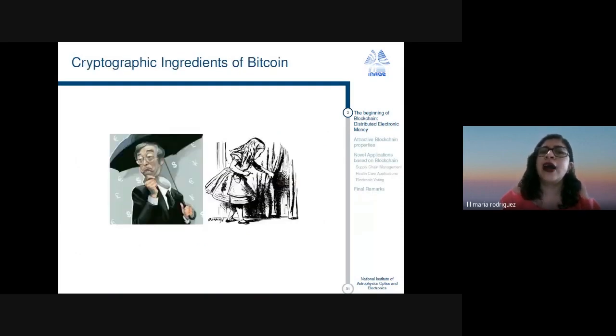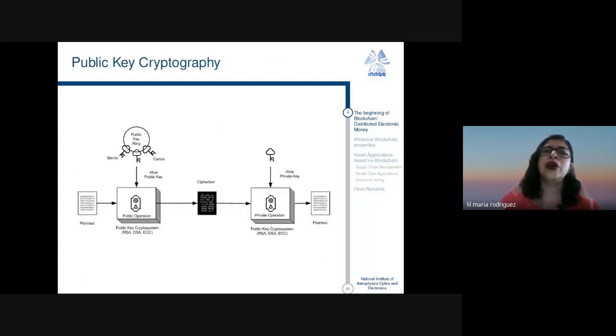Okay, so let's talk about cryptographic ingredients of Bitcoin. The first cryptographic ingredient is public key cryptography. As you may know, when we are talking about public key cryptography, we are considering two keys. One of those keys is public and the other one is private. So in this case, for example, the sender is trying to encrypt a message for Alice.